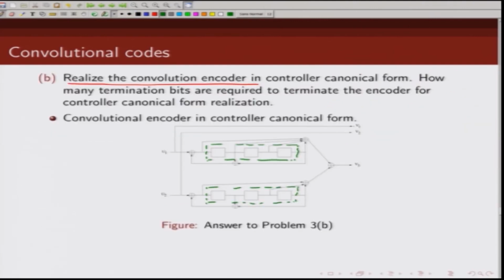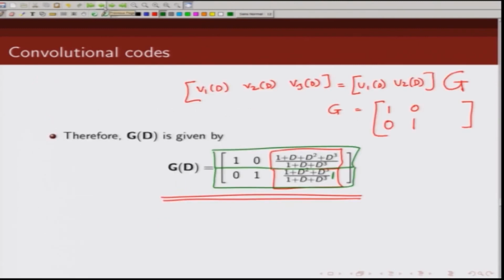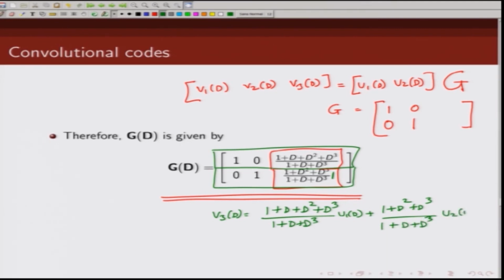So, V1d is just U1d, so that is this. V2d is U2d, that is just this. Now, what is V3d? V3d is (1 plus d square plus d cube) divided by (1 plus d plus d cube) times U1d, plus (1 plus d square plus d cube) divided by (1 plus d cube) times U2d, right.